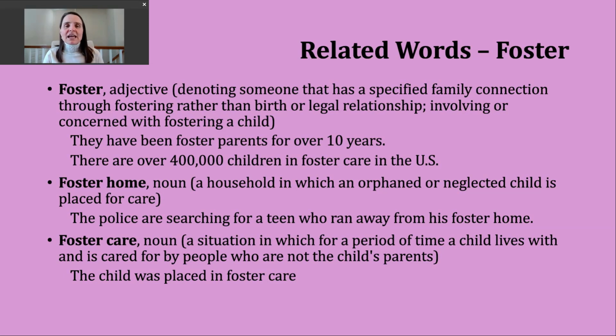home. Now, I used foster care earlier, but I thought it would be good to also define that more broadly as a situation in which a child is living with another adult or adults, and these adults are not their parents. So could be other relatives sometimes.